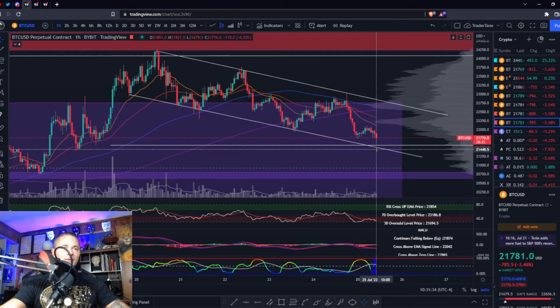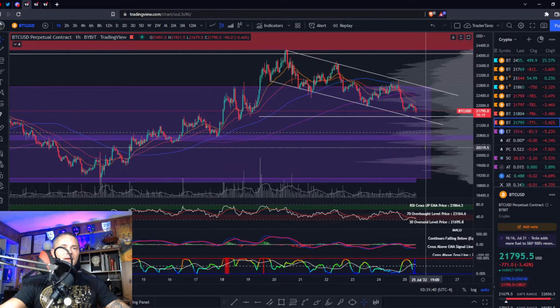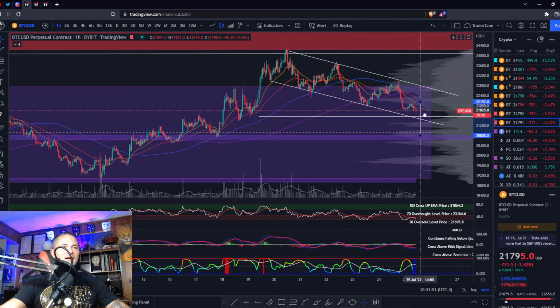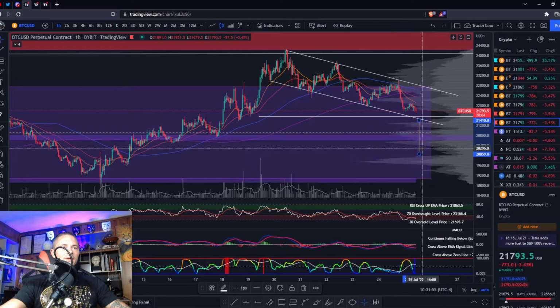Bearish case is that we break the bottom of the descending channel. So we would also have a measured move, and it would be somewhere around 20K. Well, actually, let's see what it would be. So we got our measured move to the downside, which would be about 20K.